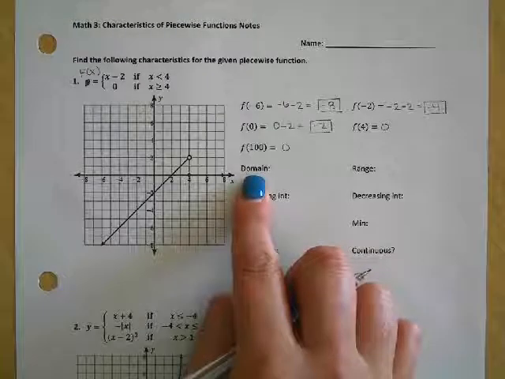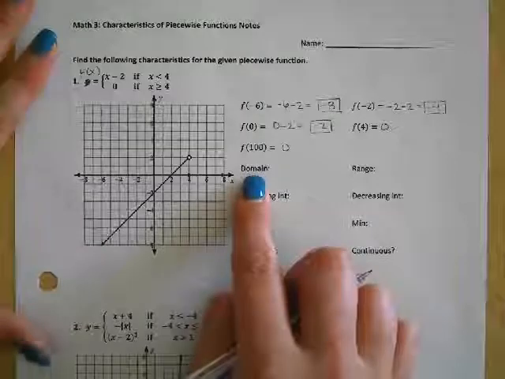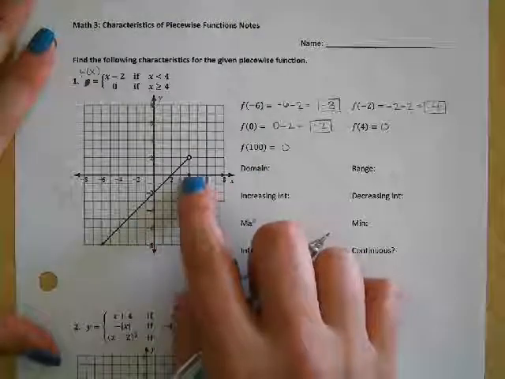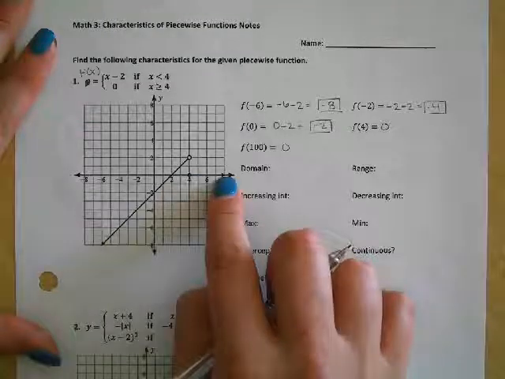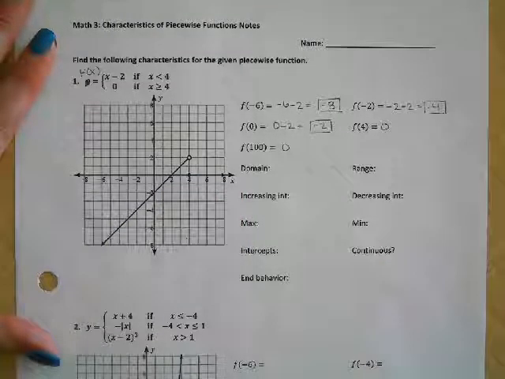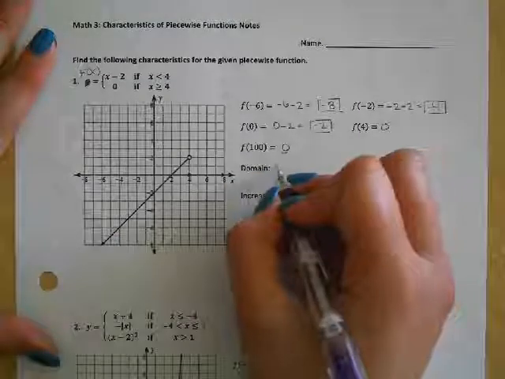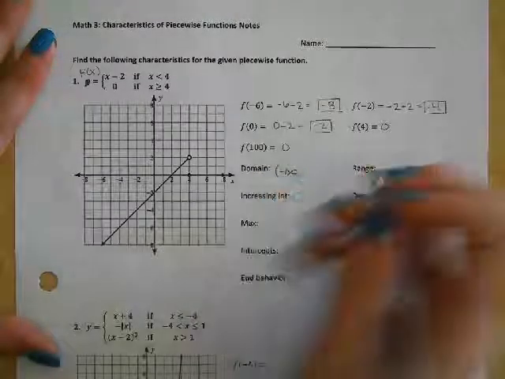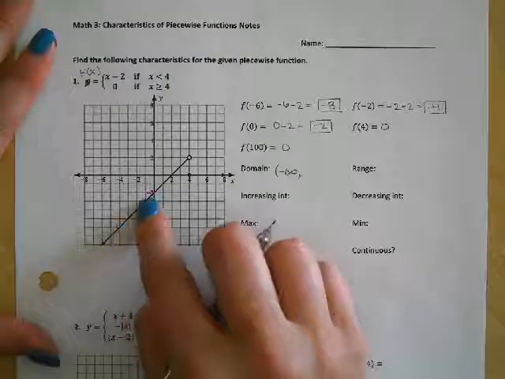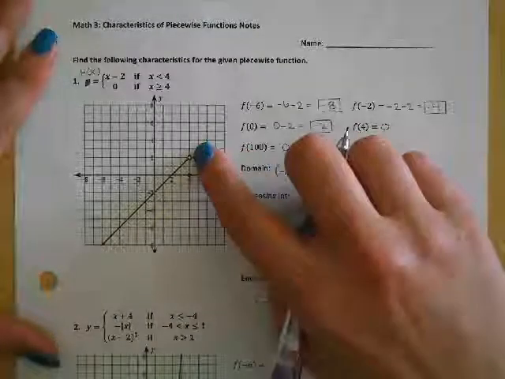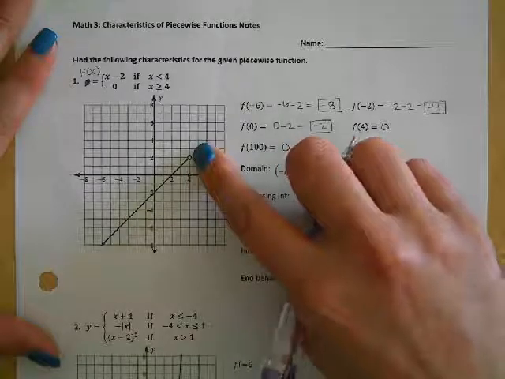Okay, so next we're talking about domain and range. So the domain are the x values that you can see on the graph. So if I look from left to right, if you guys can see, there's part of the graph right there. It's on the x-axis, so it's hard to see. So from the domain, I can see that left arrow, so I know it goes left forever. And then I've got all these negative values, and I've got the positive values, and I think that maybe the x value of 4 is not there.